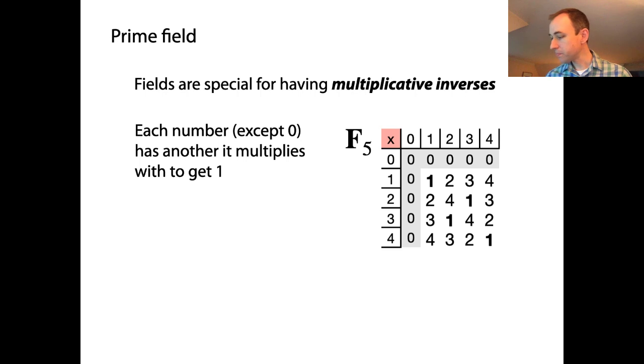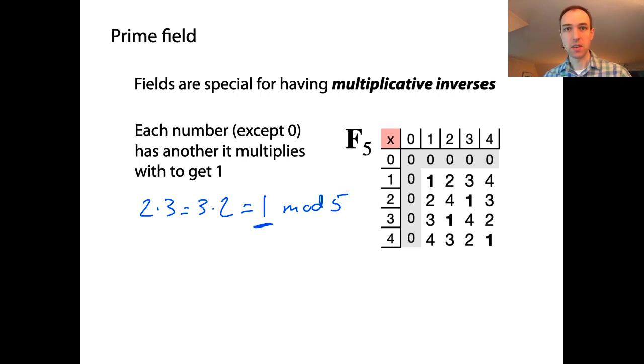So for example, 2 times 3 equals 3 times 2, and these both equal 1 after integer division by 5, okay? Obviously, in integers, they would equal 6, but after we take the remainder after division by 5, they equal 1. Okay, so 2's inverse is 3, and 3's inverse is 2.